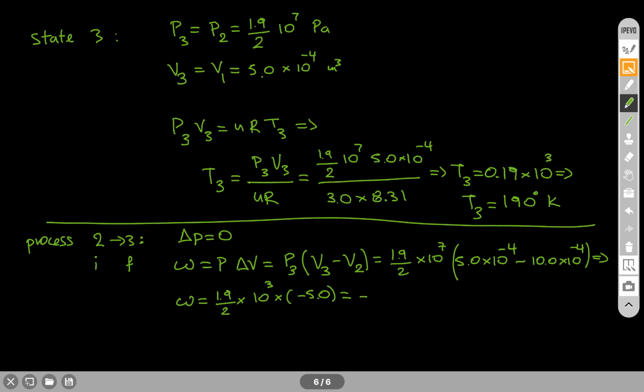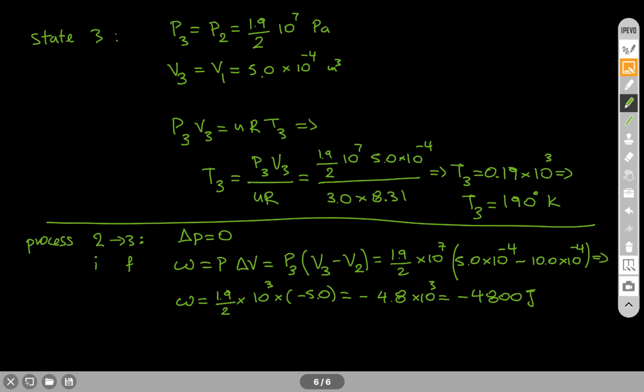Will give me a minus 4.8 times 10 to the 3, or minus 4,800 joules. Now I want to remind you, this is the work that the gas does on the surroundings.